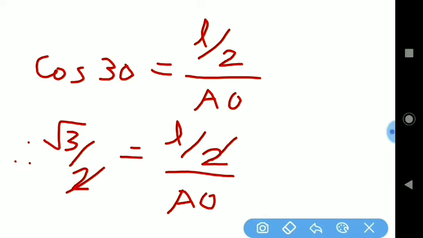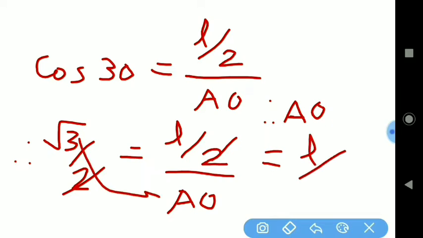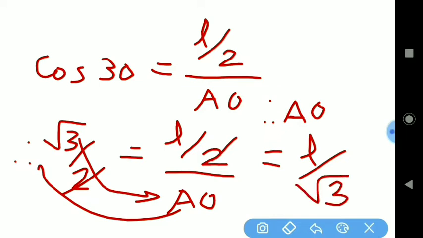The 2 cancel, and now if we make AO the subject, root 3 will come here and AO will move here, so AO is L upon root 3. So in this way we have obtained the distance AO, and similarly the distances BO and CO are also the same.